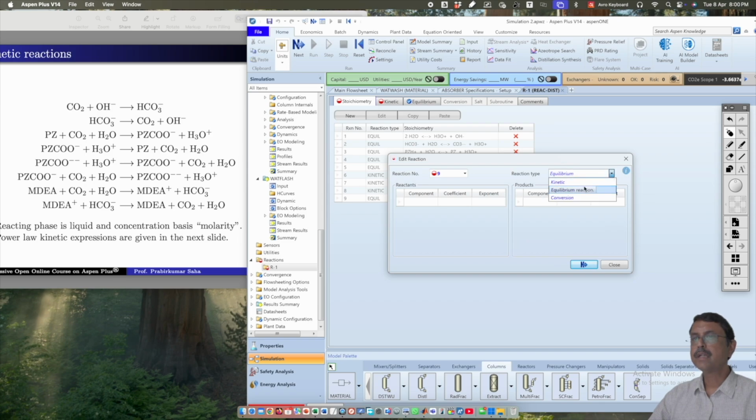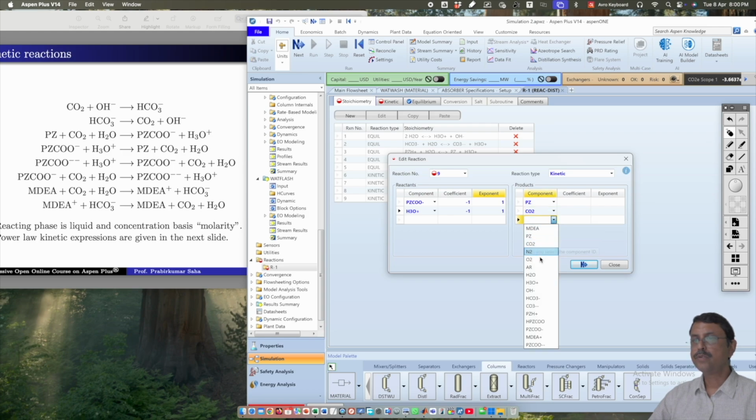Then ninth equation is PzCOO minus plus H3O plus will be equal to PzCO2 and H2O.